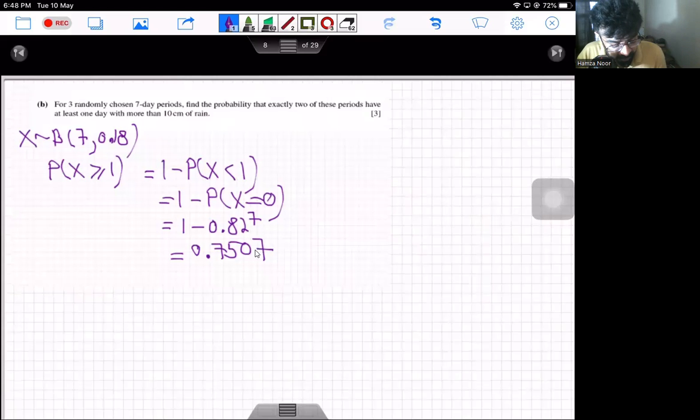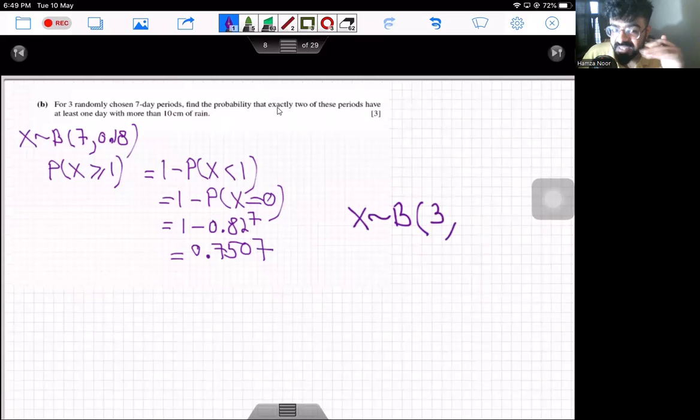Now I can say that X follows a binomial distribution with a number of tries 3. And what I need to find is the probability that exactly 2 of these 3 periods have at least 1 day with more than 10 centimeter of rain.